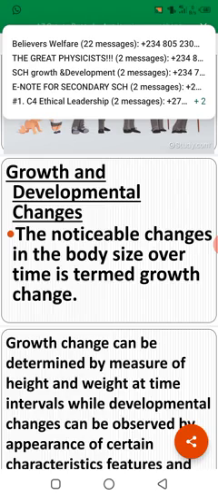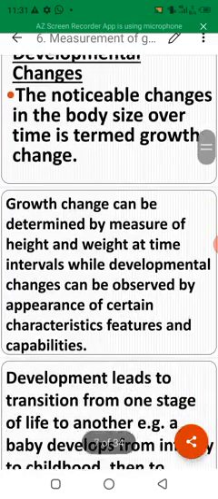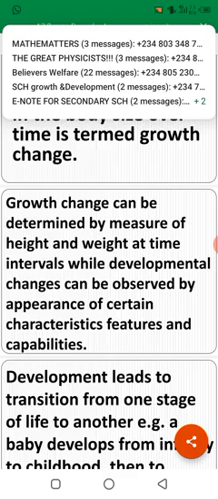This is noticeable in the size of the body: tall, short, fat, like that. So growth can be determined by measure of height and weight at time interval. That is growth: your height and weight at time interval. You weigh 20 kilograms, 50 kilograms, another time again, 40 kilograms.